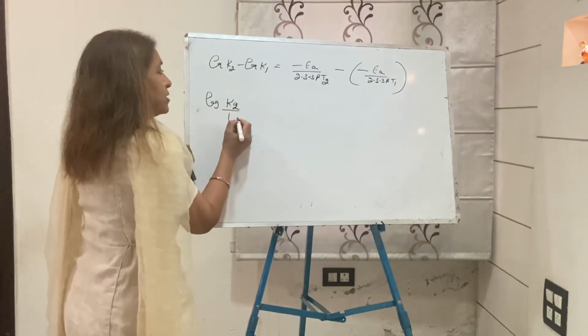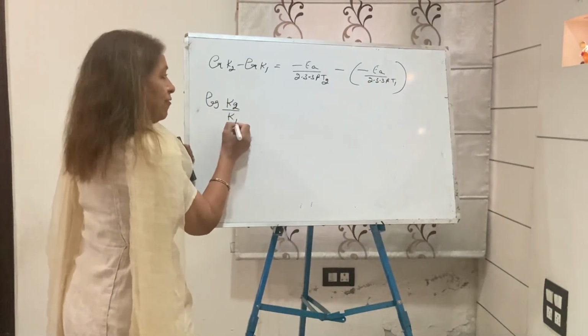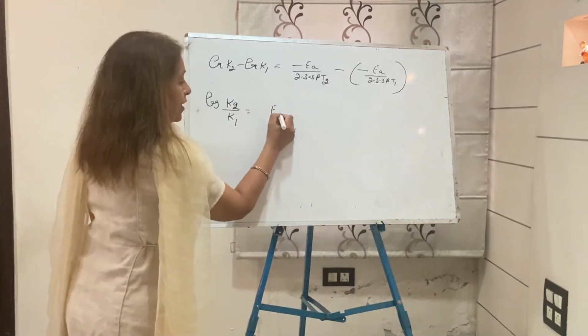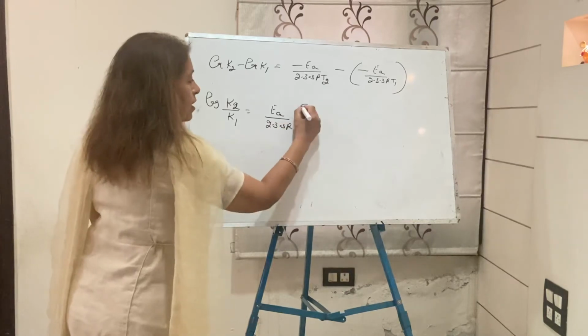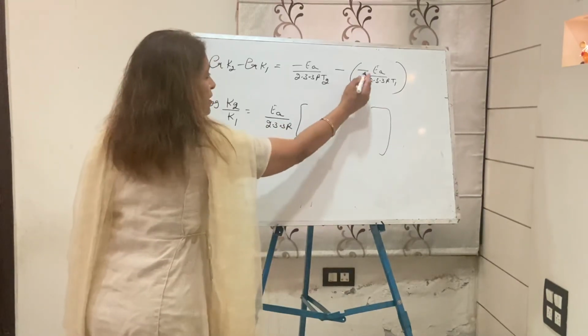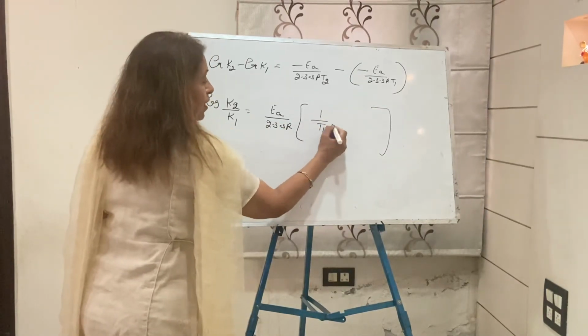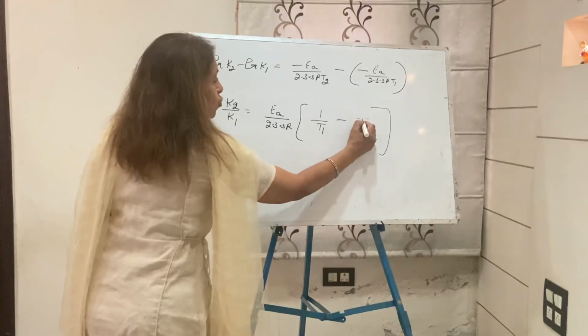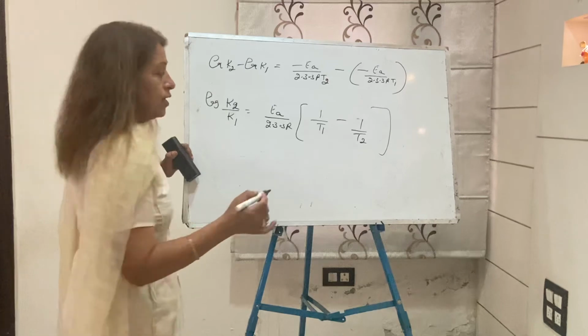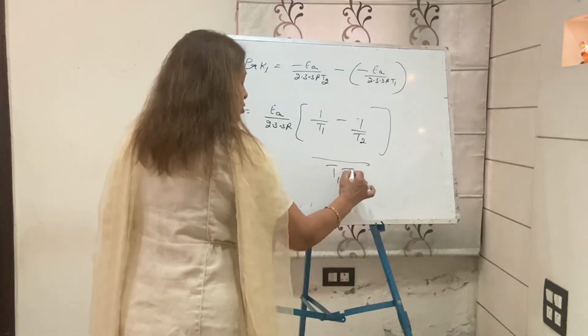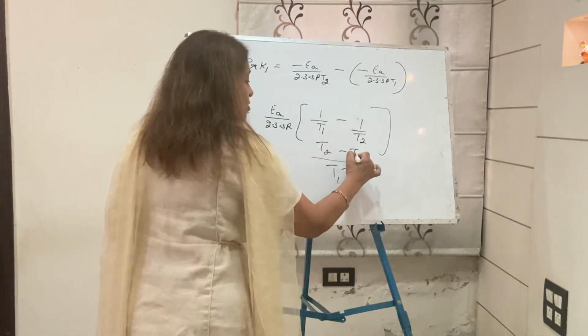Minus becomes division in log. Log k2 - log k1 is log k2/k1 = Ea/(2.303 R), and inside the bracket will come 1/T1 - 1/T2. Taking LCM, T1 T2, your answer will come as T2 - T1.